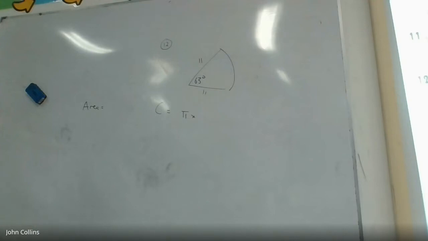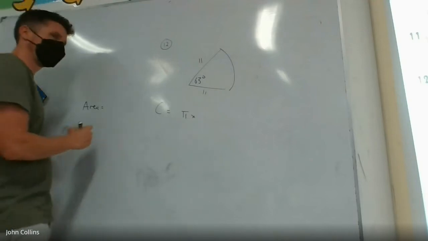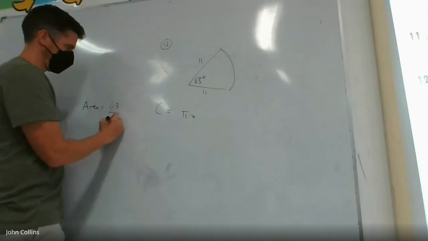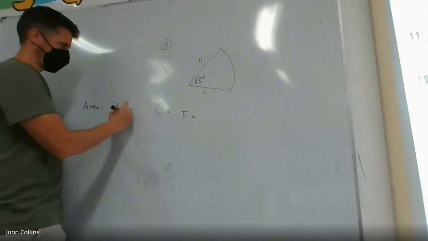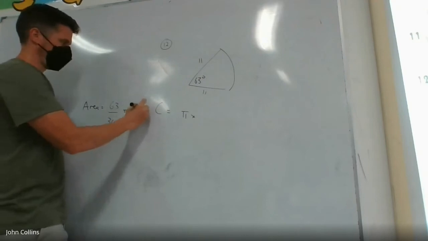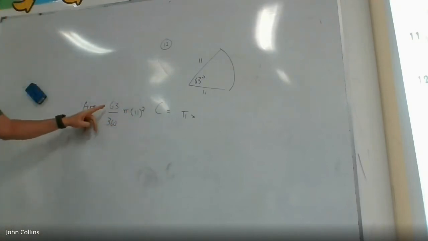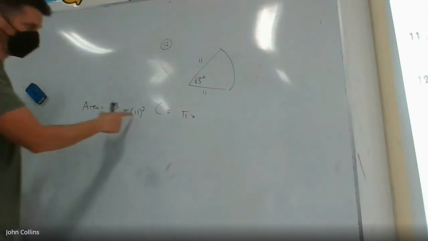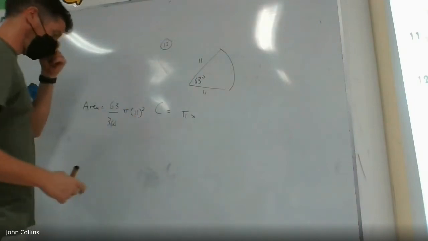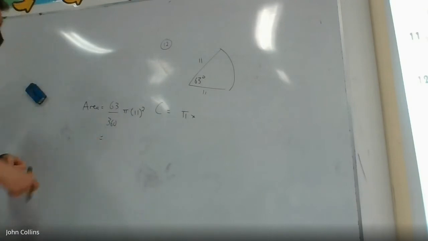Like for the angle? Yeah, 63 degrees. Yeah, times pi r squared, yeah. Okay, so you've got 63 over 360 of a full circle and multiply by pi radius squared. The radius is 11, that's 11. I'll give you the area, whatever it is, on the other screen.